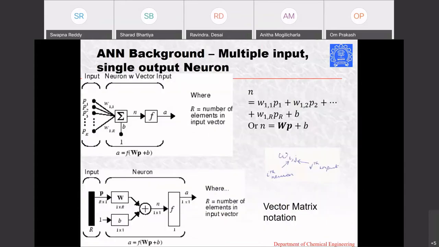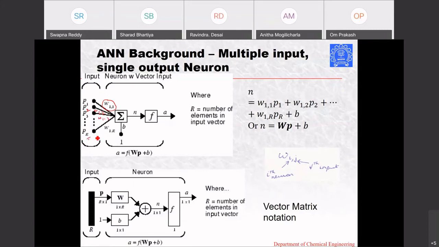and go to the case where there are multiple inputs. In the previous neuron, I had shown you just one input. Now when there are multiple inputs, you have many weights. You have W11, and for the second input P2 you will have W12, then you will have W13 and so on.